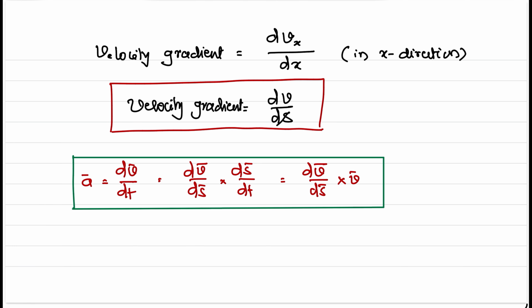If you are given the velocity and velocity gradient, you can know the acceleration. That means from velocity and velocity gradient you can know the rate of change of velocity, positional vector and velocity vector.